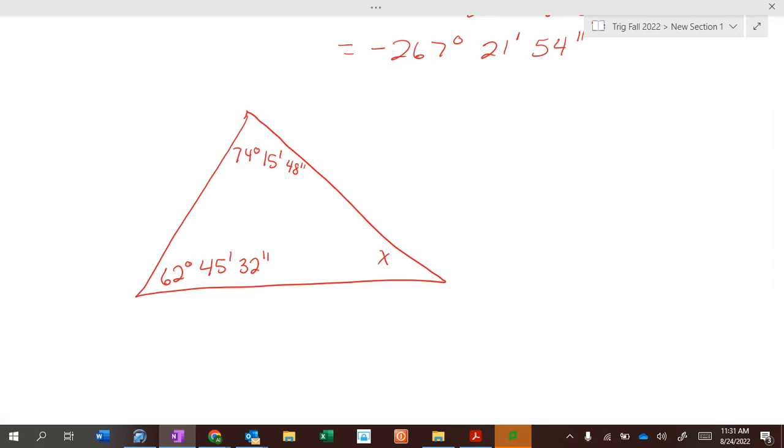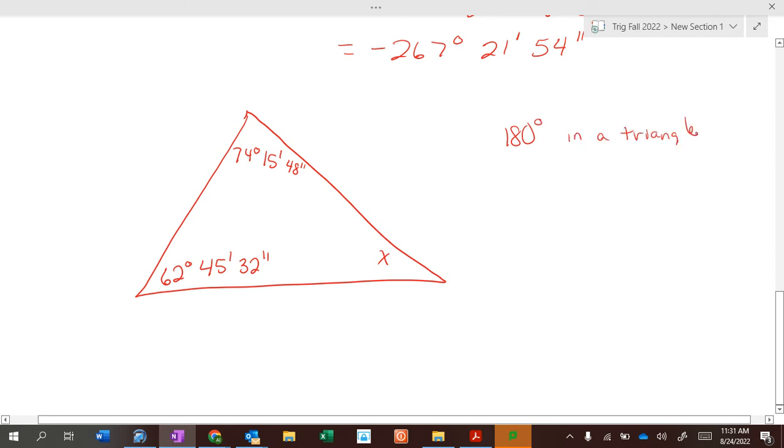Well, first, we got to know how many degrees are in a triangle. 180 degrees in a triangle. So, back in the day in geometry, when we had a simple little triangle where this was 60 and this was 40 and we're figuring out this angle, what do you do with the 60 and 40?